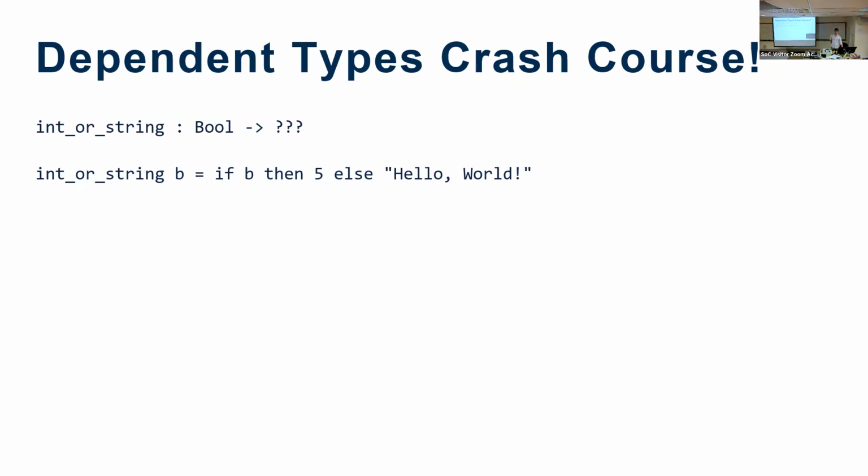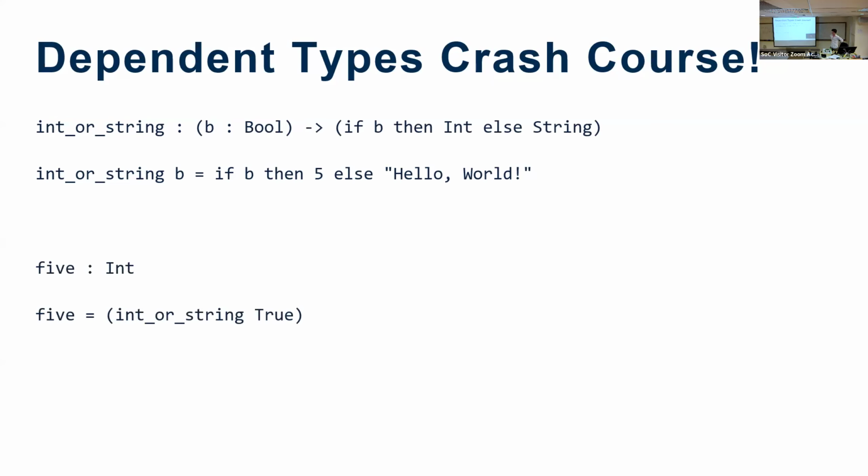But with the magic of dependent types, we can give it that type. This type says that if you give the function IntString a Boolean, then it's going to return an int. Otherwise, it's going to return a string, just like it actually does. Wow. Okay, then we can do that to implement FIVE. We call it with true, it should return 5.